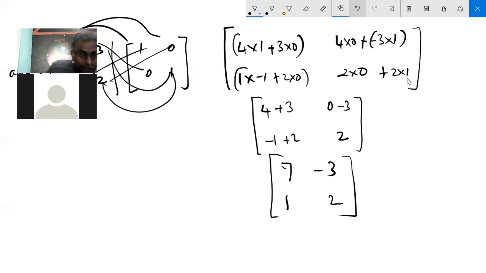So what he's trying to tell, adjoint A into adjoint A is equal to adjoint of I. Oh, adjoint of I. Yeah.